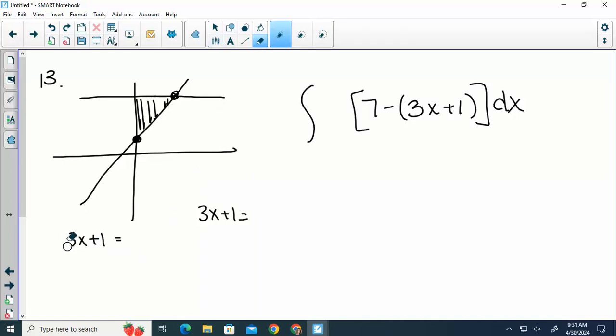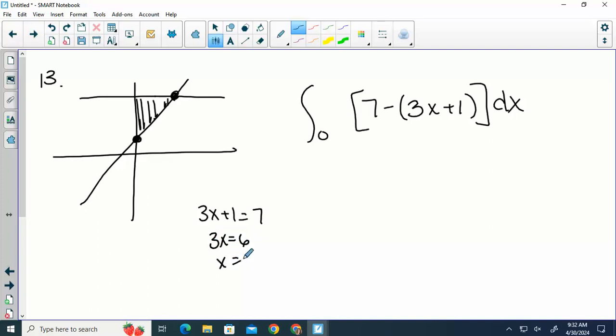We don't need to find the y value there. We're looking at, so we could just say this one is starting at 0, right? Our x is 0 right there. This one, if we're trying to find this x point, that's when 3x plus 1 is equal to the line y equals 7. So 3x equals 6, so x is 2. So because these are x values, those are the 0 and the 2. Everybody clear on that part? And again, I'm using x values because we kept x in our equation. If you had kept y in your equation, you would have to find your y values.